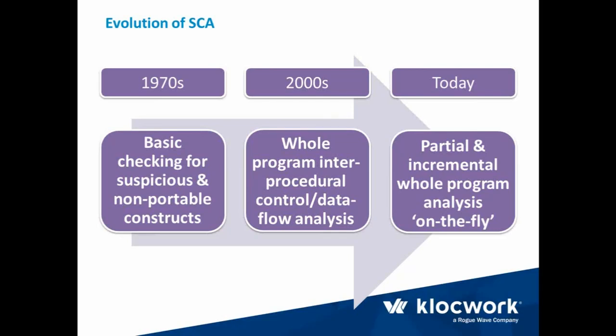Now, probably some people will say we did stuff like that a while longer as well. Okay, maybe. But certainly that's where it hit the mainstream. The problem was that we had to wait for the results, and I'll come on to that topic in a moment. But the idea is that now we can do partial analysis and incremental analysis to speed these things up and get results as soon as we possibly can in our development stream.